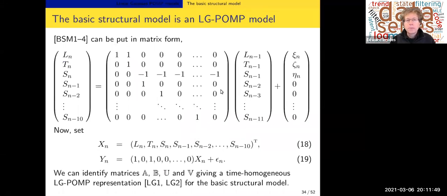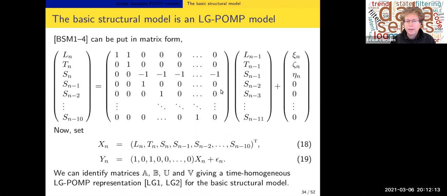Well, if you want to convince yourself that the basic structural model is an LG-POMP model, there's really no substitute for just writing it out. And the state of the latent process is going to be the level, the trend, and all the seasonal components.